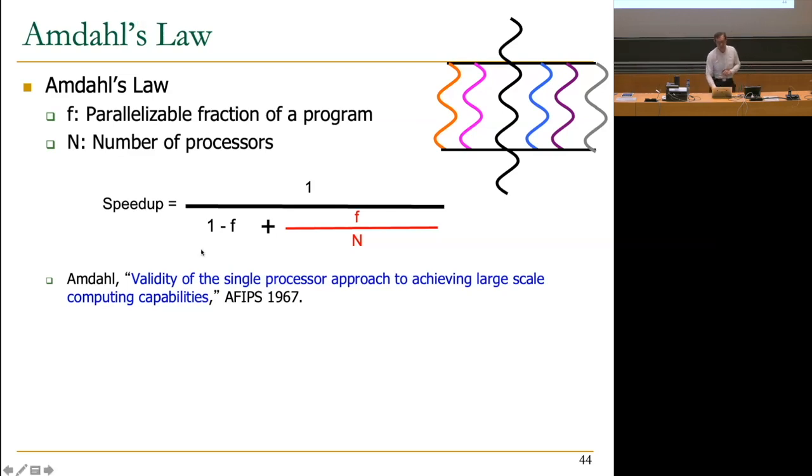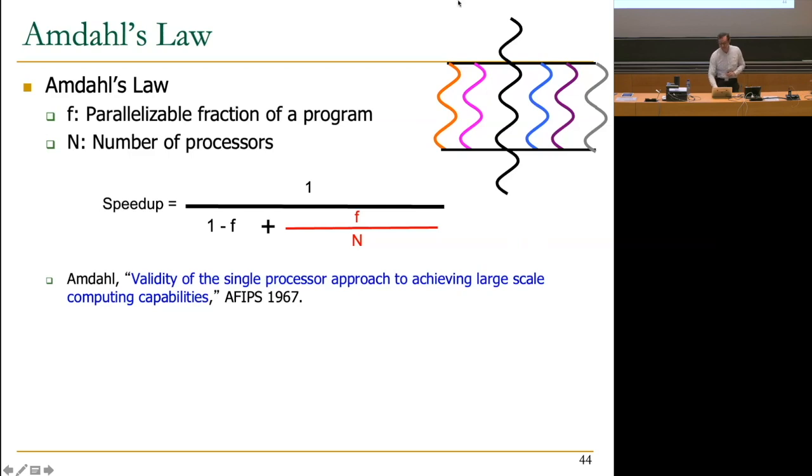So your parallelizable fraction needs to go up very high if you really want to benefit. If it goes up to 99%, now your maximum speedup is 100, right? If it's 99.9%, it's 1,000. 99.99%, it's 10,000. That sounds great now. Now we're talking. But the problem is 99.99% is very hard to get, right?